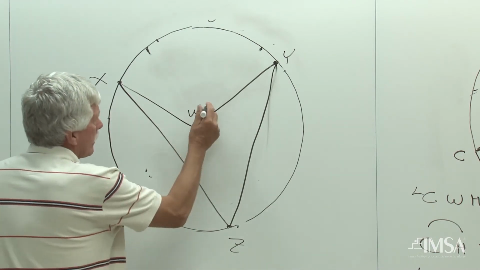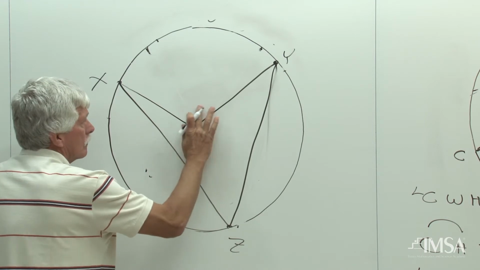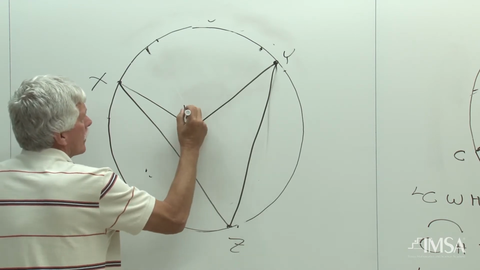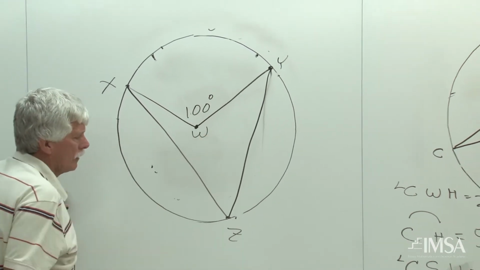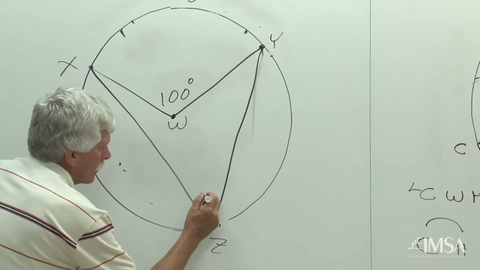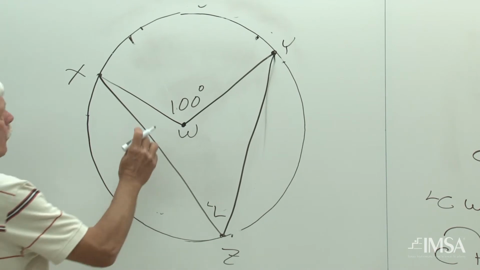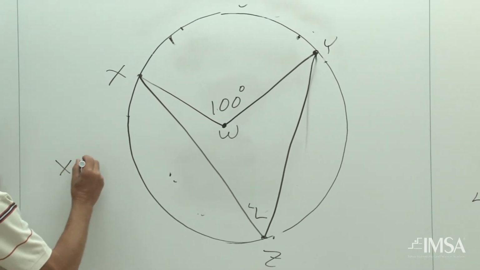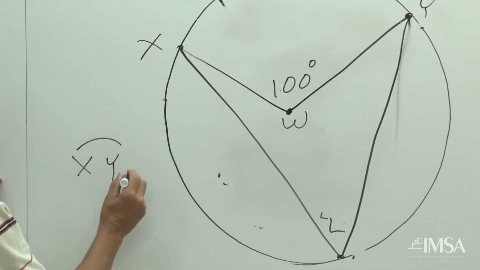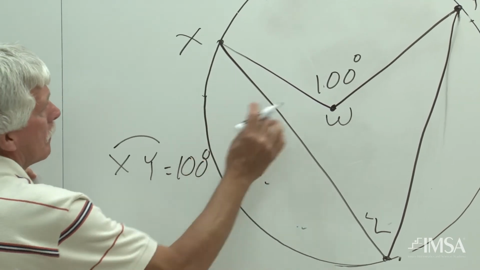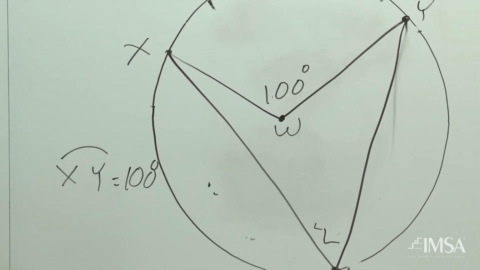Now, let me replace this and write it down here. If this angle is 100 degrees, and I want to know how large angle XZY is, we work the same way. We know that arc XY would then be 100 degrees, matching the central angle.